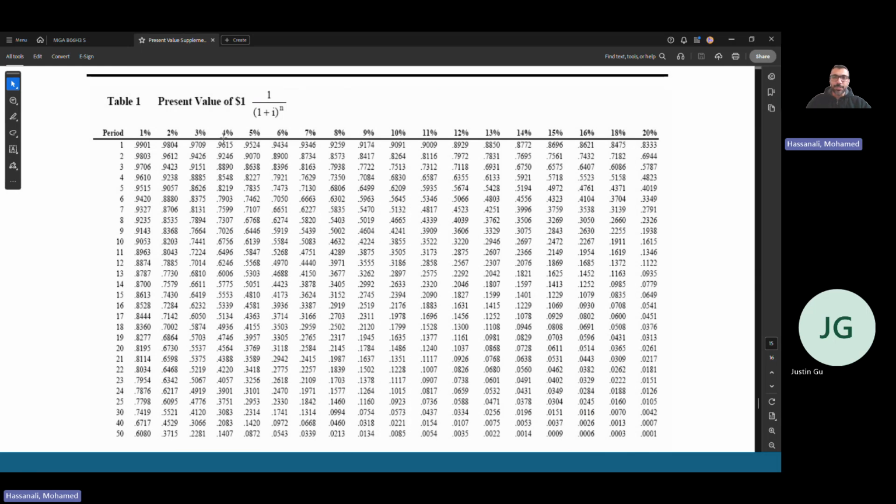And instead of 10 periods or 10 payments, we're assuming 20 periods because we're doubling the term. So it's 20 payments. So 20 and 4% would give you .4564.